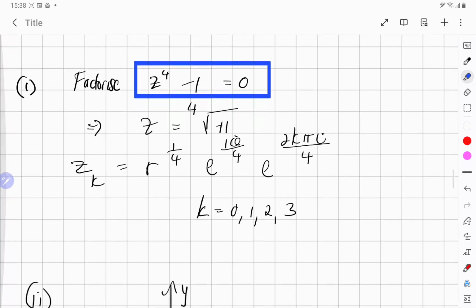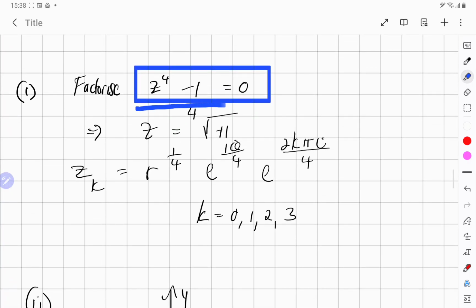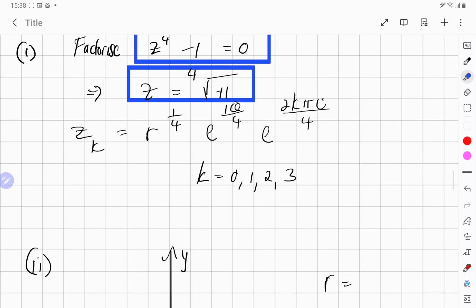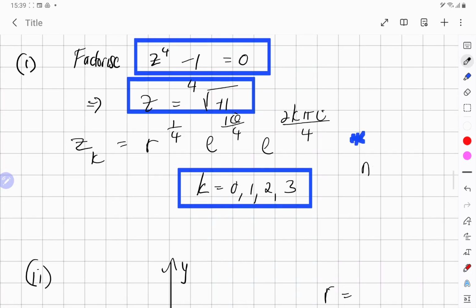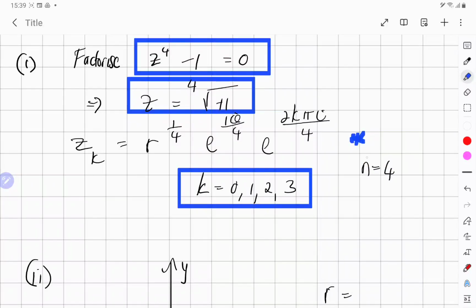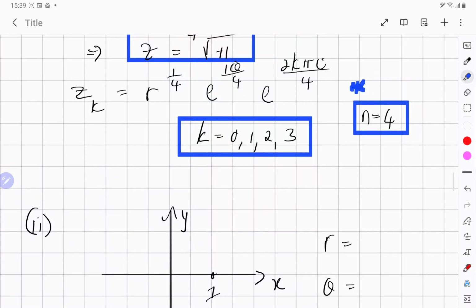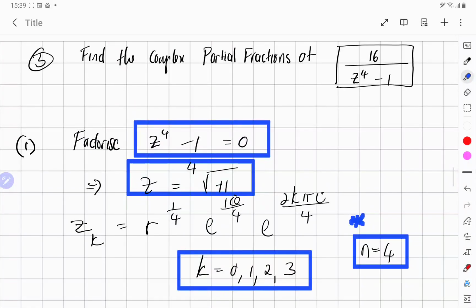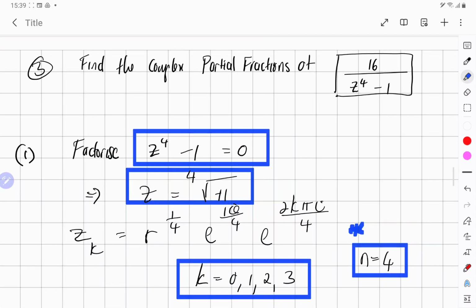So remember what I said, even though you're factorizing, you are going to get the roots, using our very important formula. And now for k equals 0, 1, 2, and 3, because there are 4 roots, and n is 4, since we are finding the 4th root. So let's go quickly. We sketch.